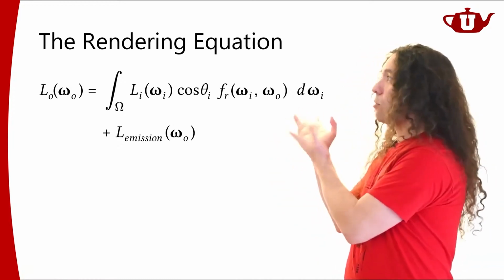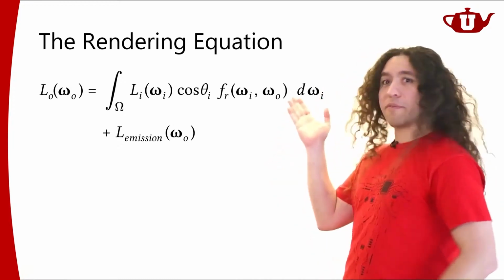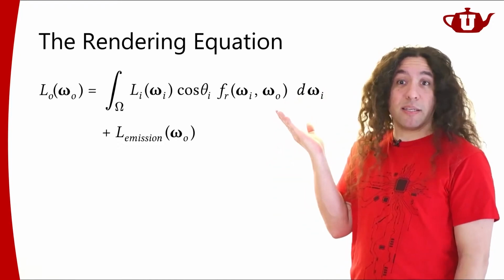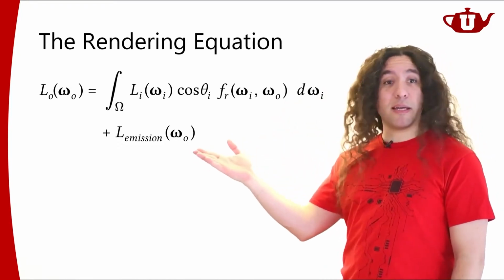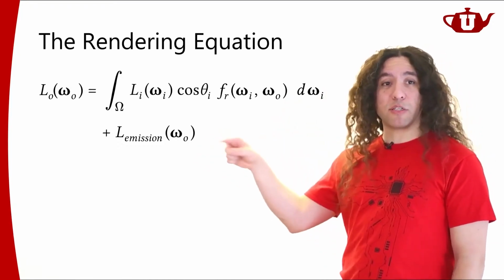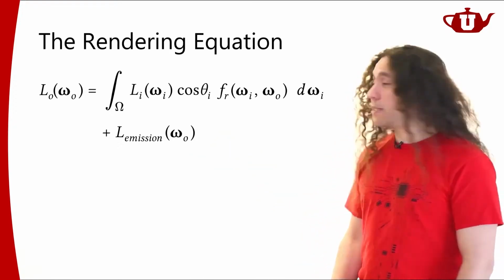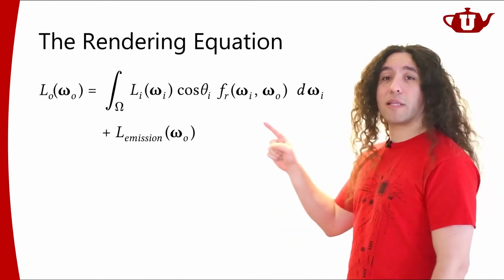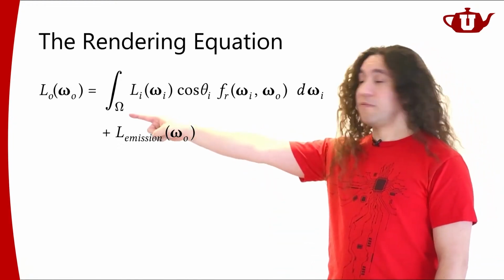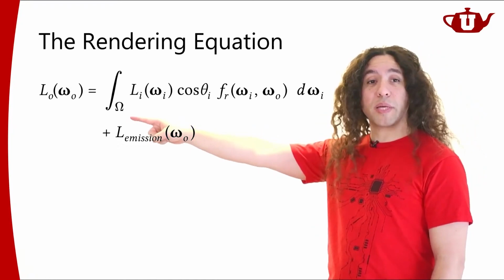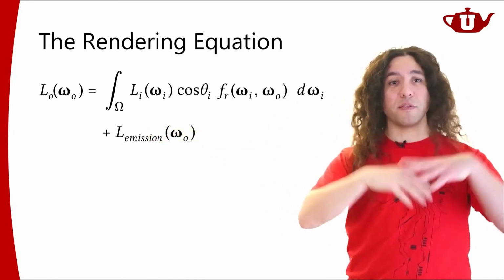I mean, if the light source has a surface, it's going to reflect the light, right? It will also emit some light in certain directions. So there's going to be this emission term added to it. Another thing is that now this is accounting for the light over this hemisphere, right? Because light can come from only above the surface.